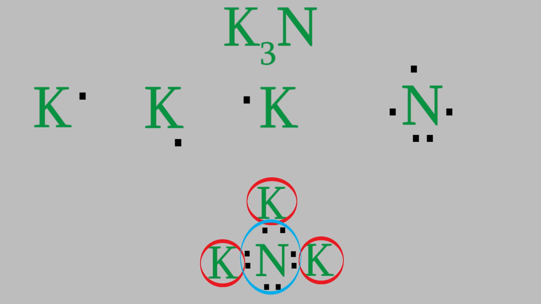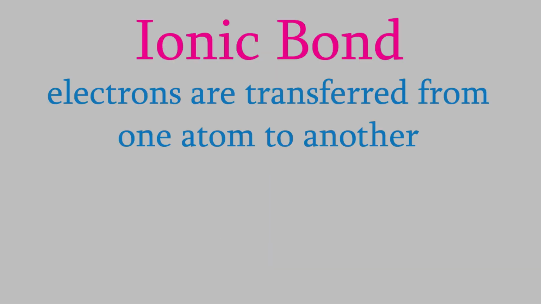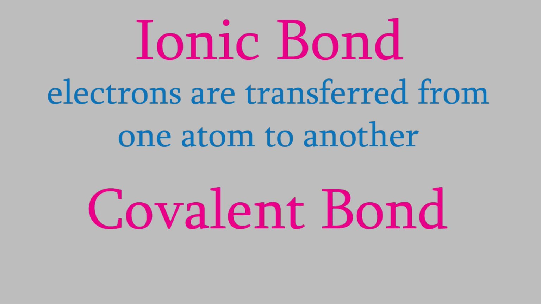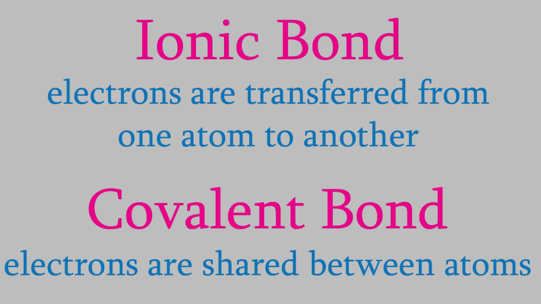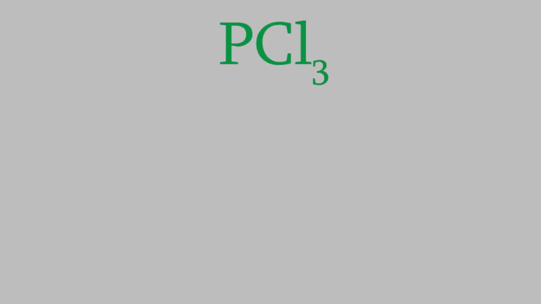As we saw in the previous video, the difference in electronegativity between the 2 atoms in a covalent bond isn't as large as in an ionic bond, so electrons aren't transferred from one atom to the other. Instead, in a covalent bond, the electrons are shared by the 2 atoms. For example, imagine a molecule of phosphorus trichloride.